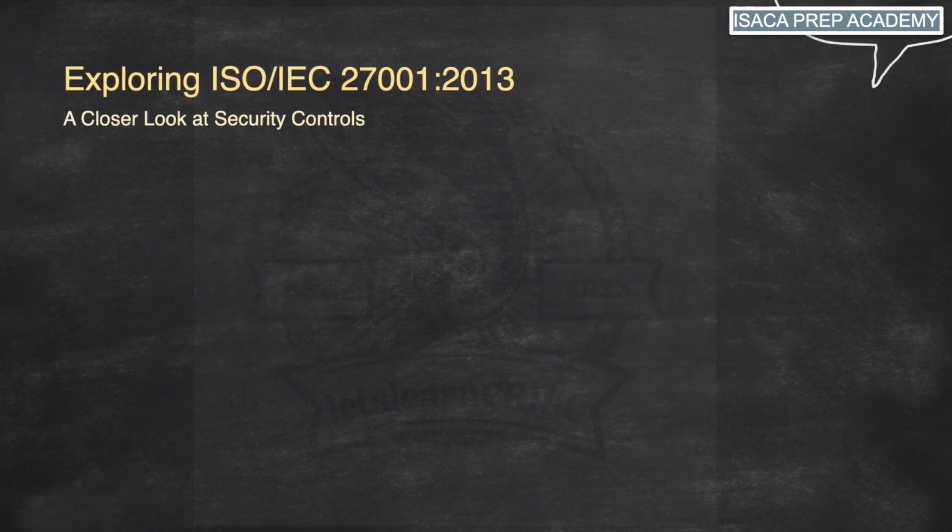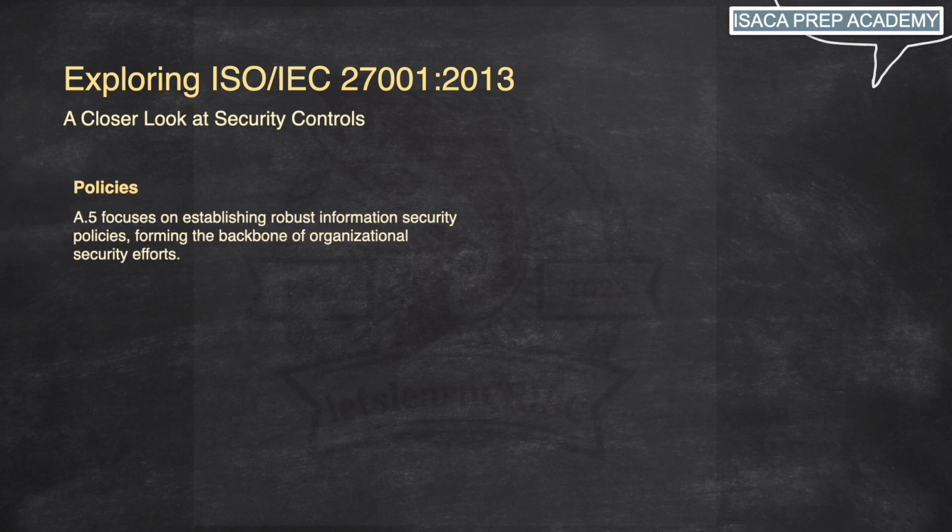Next, we'll understand ISO/IEC 27001:2013. First, we'll have a closer look at the policies. Friends, the A.5 section of the ISO/IEC 27001 standard focuses on establishing strong information security policies, which are essential for ensuring the effectiveness of an organization's security efforts.